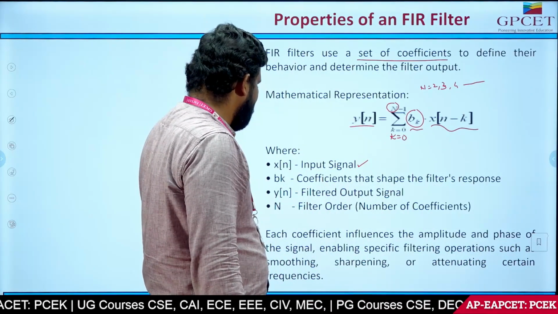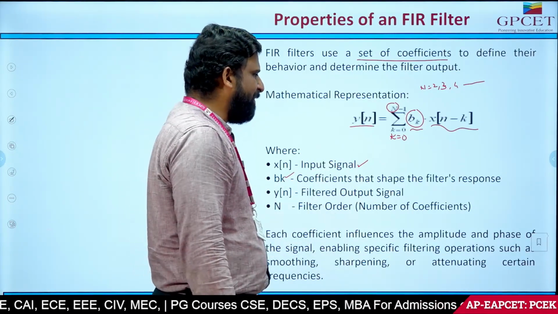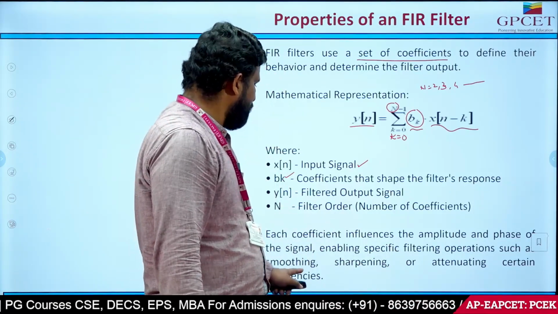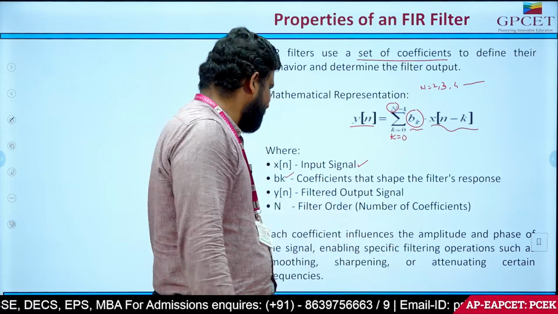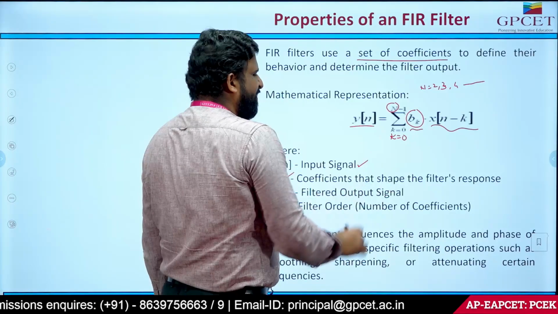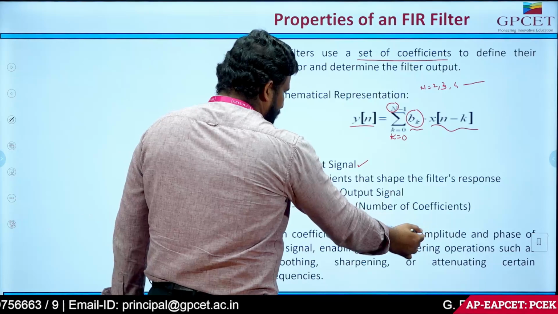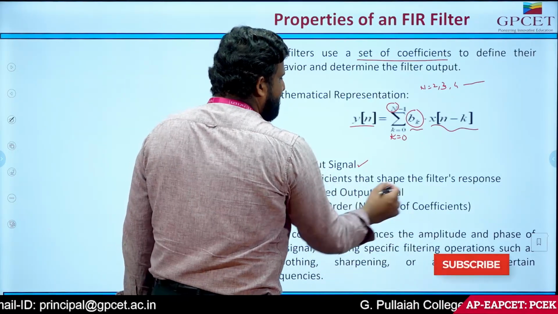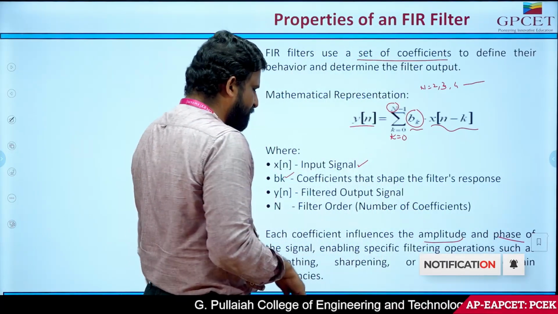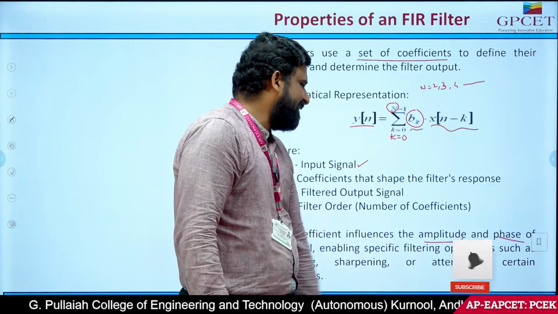Based on this, each coefficient influences the amplitude and phase of the signal, enabling specific filtering operations such as smoothing, sharpening, and attenuating certain frequencies. As I told you, b k is the coefficient which shapes the filter's response. How does it shape the filter's response? Because this coefficient influences the amplitude and phase, enabling specific filtering operations.